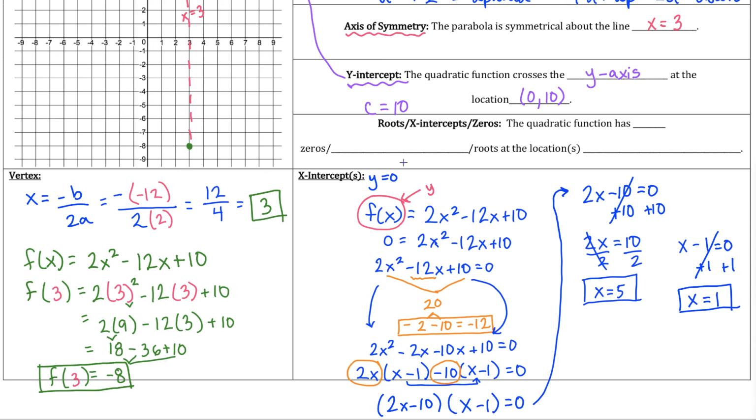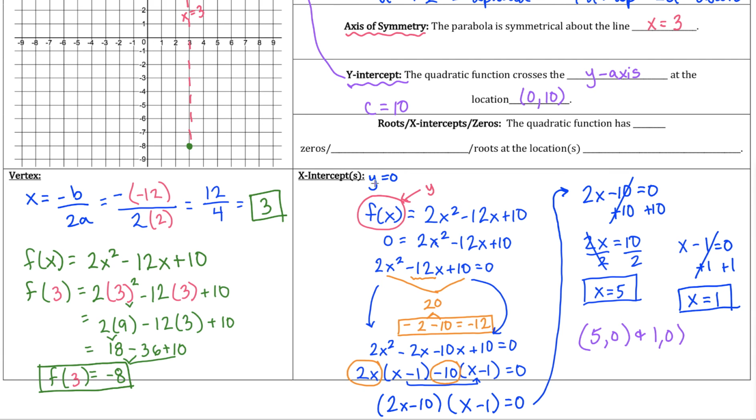So these are our x-intercepts. This is when the y is 0. This is when you haven't gone up or down, it's on the x-axis. So this means my x-intercepts, I'll put these in purple too. That means my x-intercepts are at 5, 0, and 1, 0.